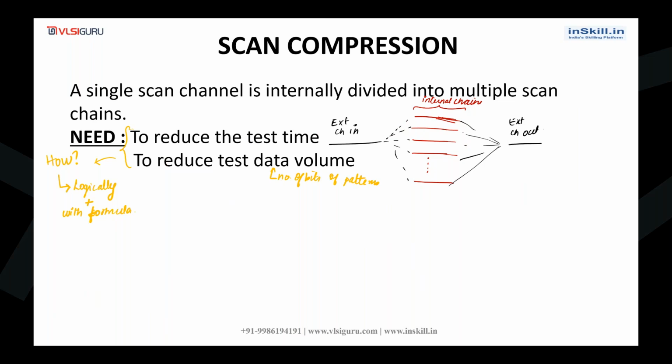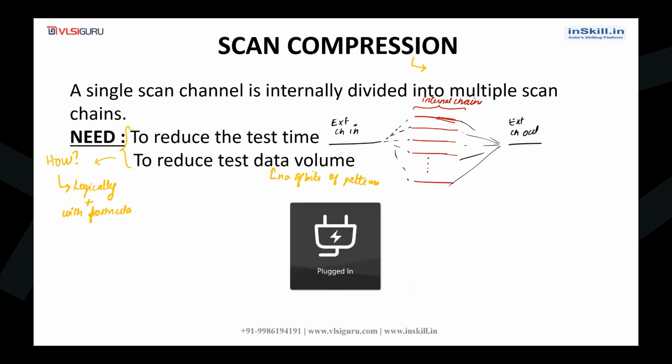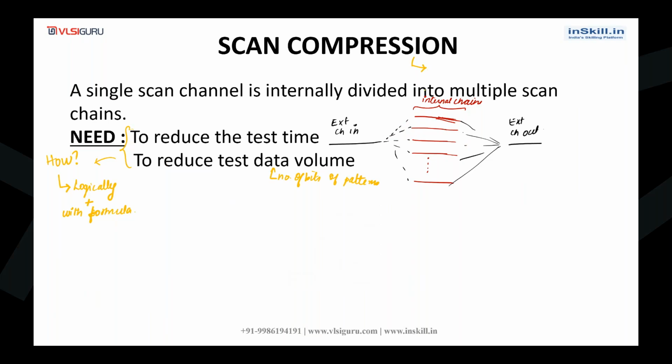And then if you want to achieve scan compression, if you are using Mentor Graphics tools, you need to add up a logic. So that logic is nothing but the EDT logic, embedded deterministic test, which is nothing but EDT.